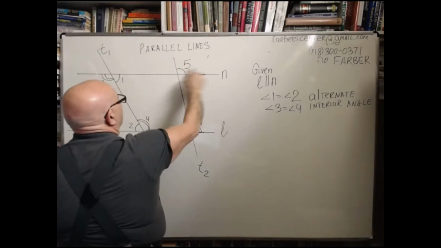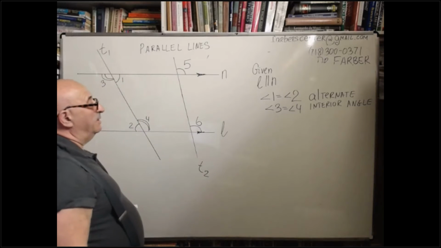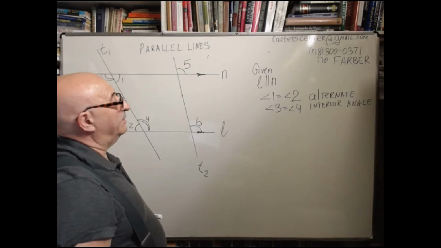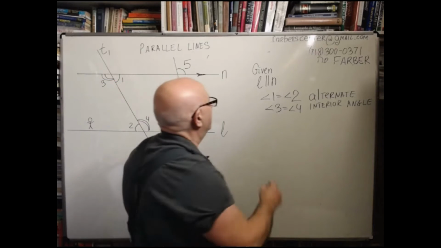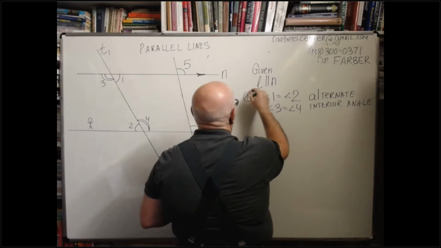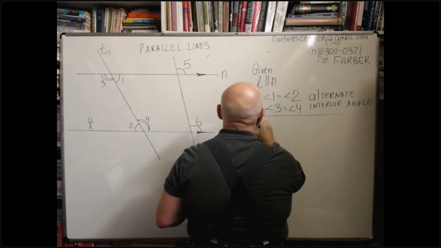Can we see both of them obtuse? But we can name them interior angles. And we can name it alternate because on the same side. So this is group number 1. And this is group number 2.